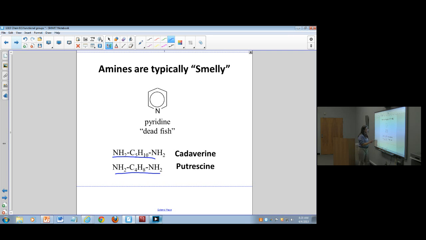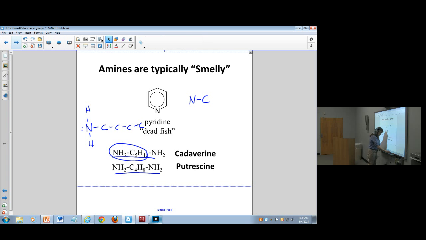But at any rate, let's just look at this very end here. This would be an NH, lone pair of electrons bonded to this long chain of carbons. So amines are a nitrogen bonded to a carbon, and however many hydrogens and lone pairs of electrons it takes to make the nitrogen follow the octet rule.